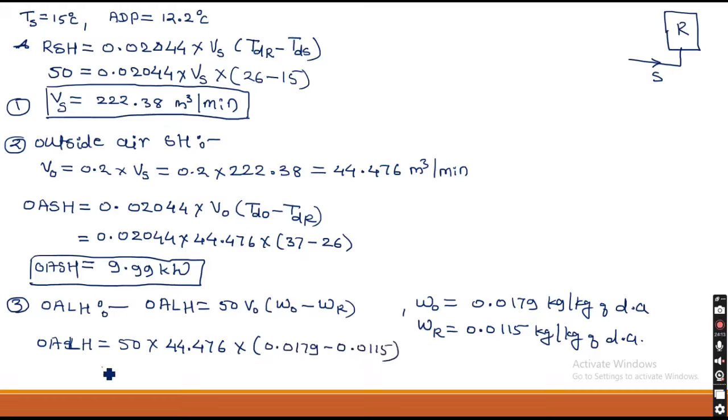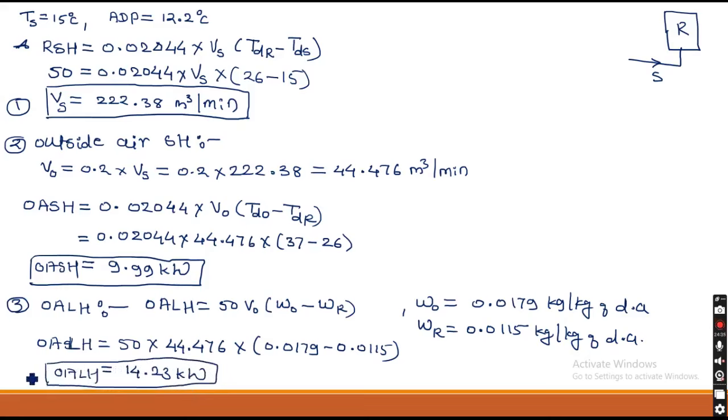If you solve this equation, we get the value as 14.23 kilowatt. That is the outside air latent heat. So this is the third point that we can find out.